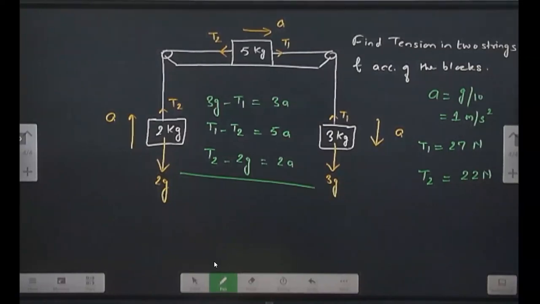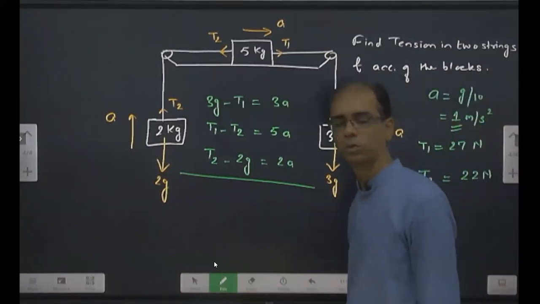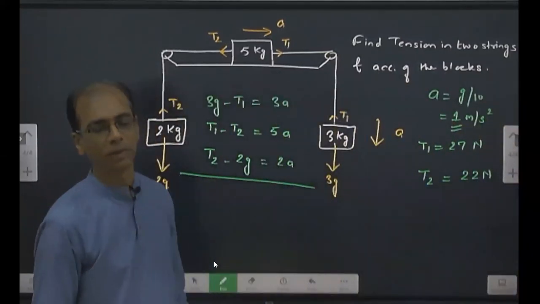See, the answer I have written on the board. Are you getting the same? Yes, sir. Acceleration is g by 10. If you keep g value as 10, we are getting acceleration as 1 meter per second square, then T1 is coming 27 Newton and T2 is coming 22 Newton. Is everyone getting the same?